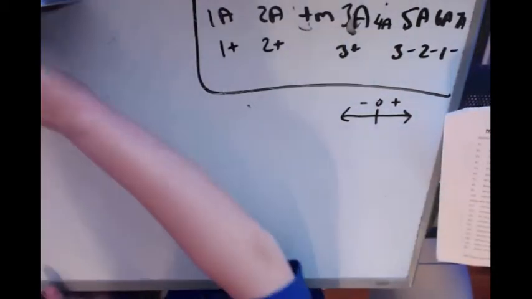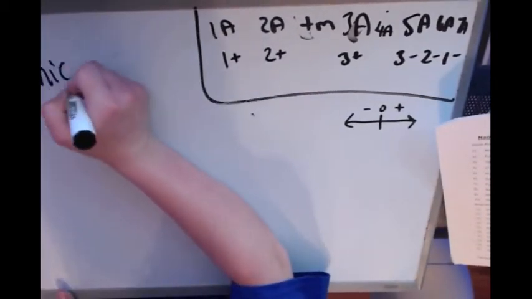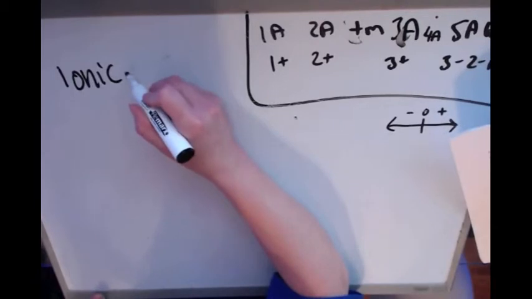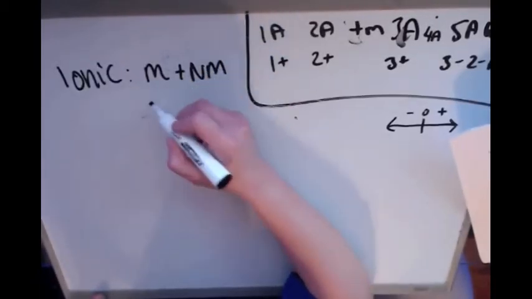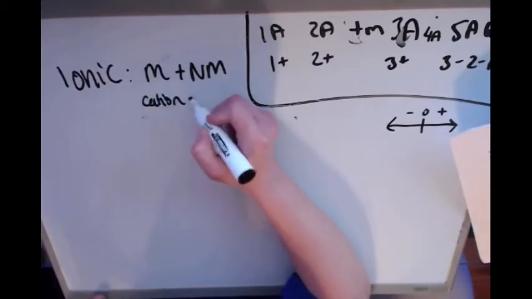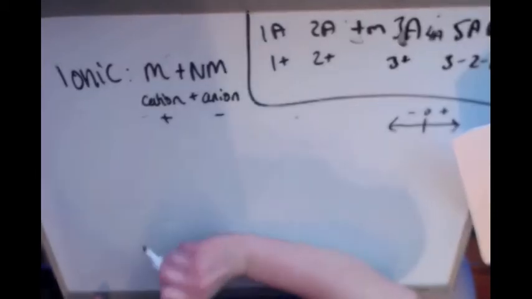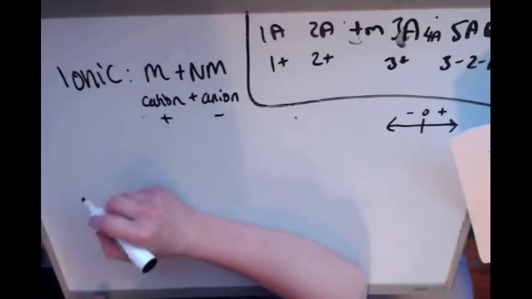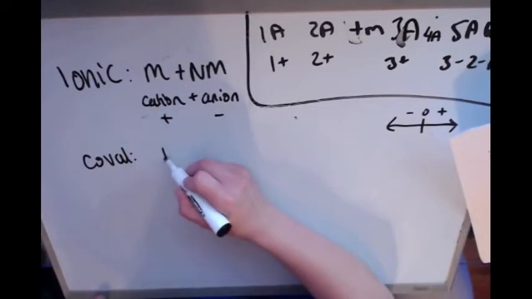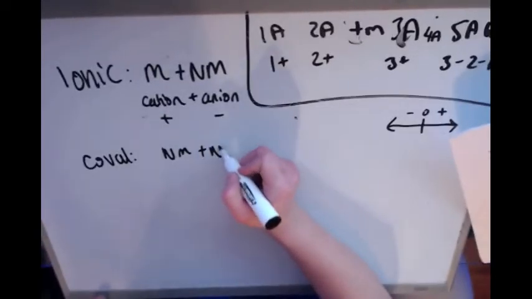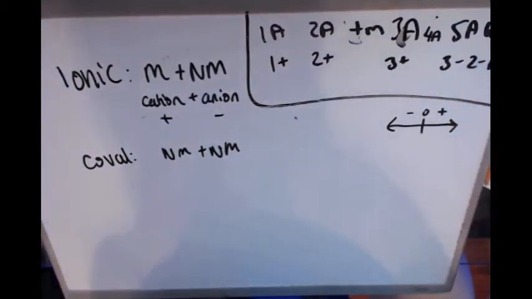So the big deal there is that you should know that ionic is metal plus nonmetal, you know, like cation plus anion, positive and negative. Then you should know covalent is nonmetal plus nonmetal. If you know these two things, it's going to be easy as pie.